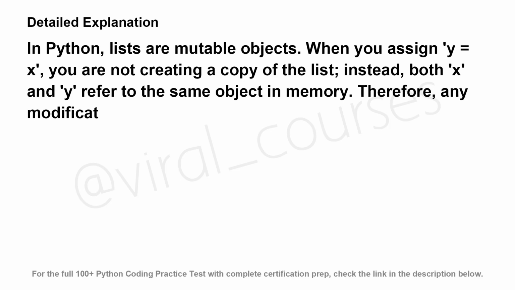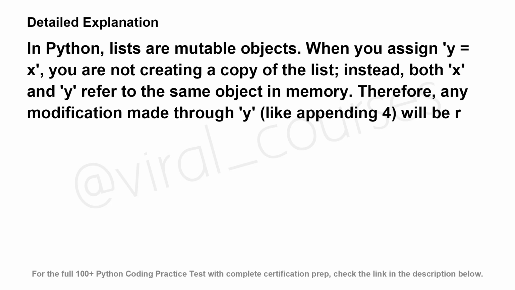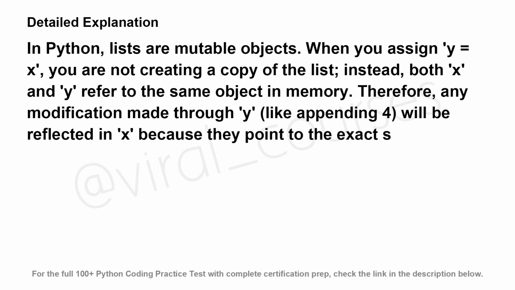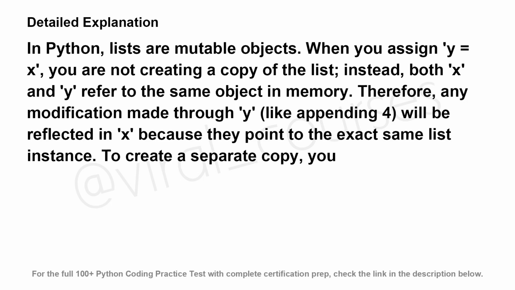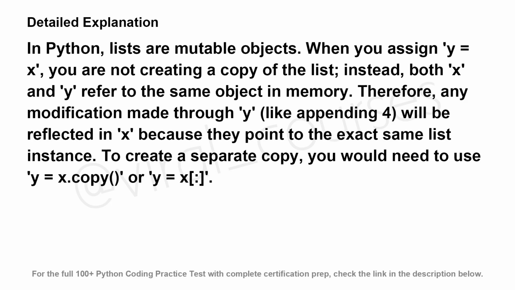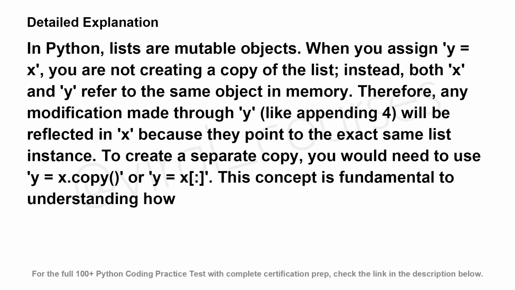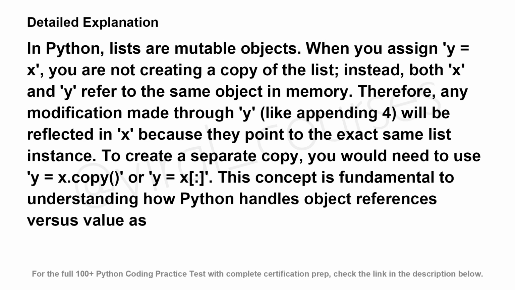Therefore, any modification made through y, like appending 4, will be reflected in x because they point to the exact same list instance. To create a separate copy, you would need to use y = x.copy() or y = x[:]. This concept is fundamental to understanding how Python handles object references versus value assignments.